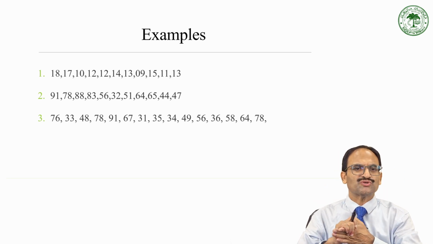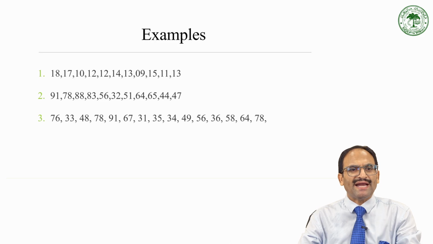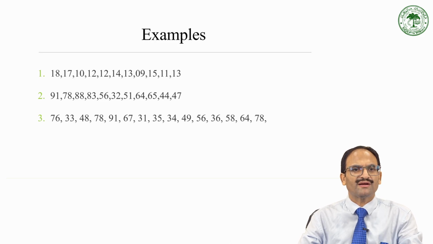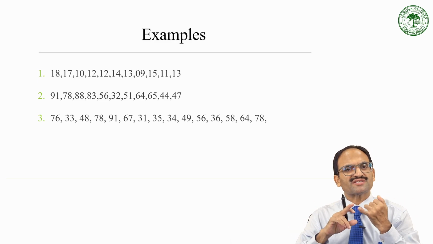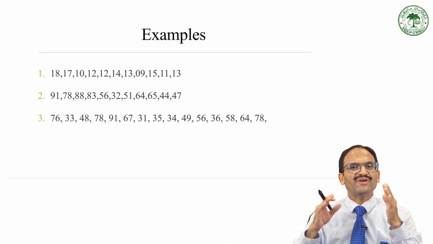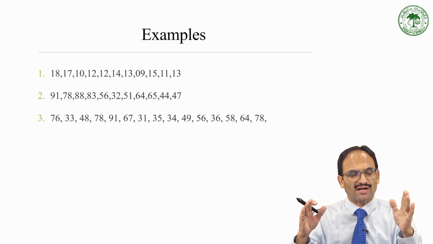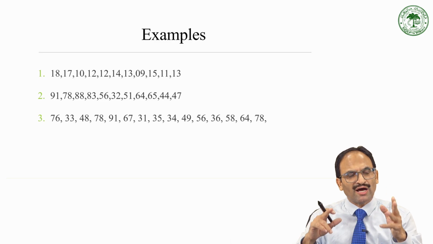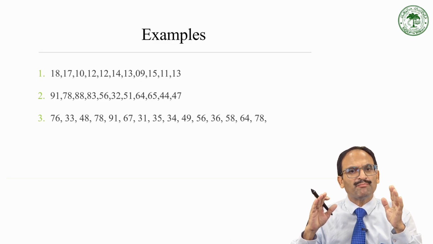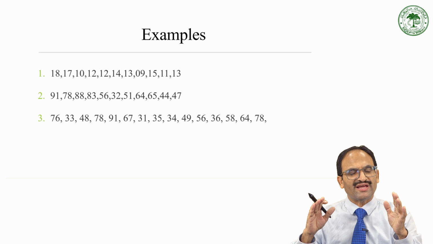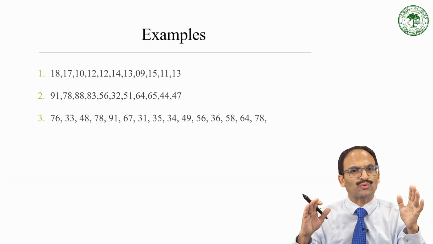First example: the numbers are 18, 17, 10, 12, 12, 14, 13, 9, 15, 11 and 13. Now remember, the first thing we have to do is arrange all these numbers in ascending order. Another thing, find out whether the total number of items here is even or odd. So let's calculate.